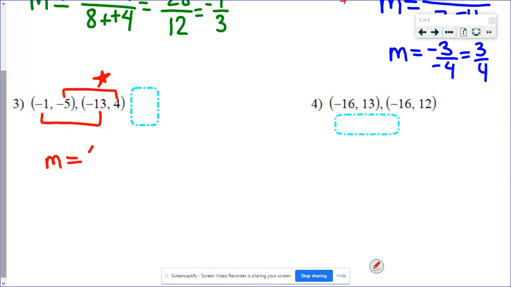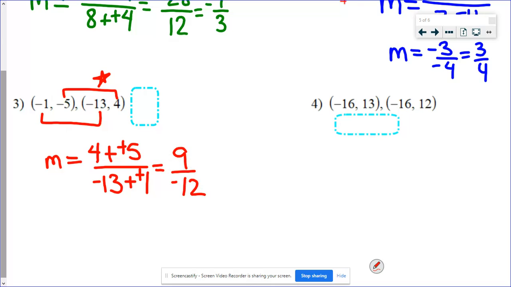So I'm going to start with my 4, and that gets connected to my -5. And on the bottom, then I have to start with the -13, and that's connected to my -1. So when I do my keep change on all of that, I'll have 9 on the top and -12 on the bottom.